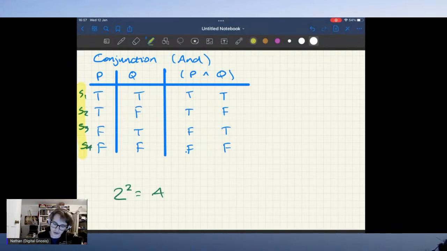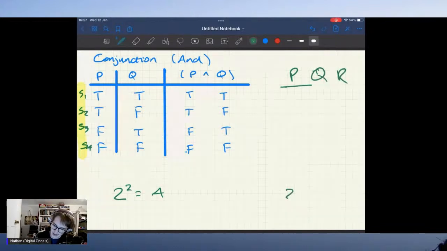And the way that you do this when you're writing these out yourself is basically, for the first row, divide everything in 2. Let's say we have 3 sentence letters. So it's going to be 2 cubed, so 2, 4, 8.